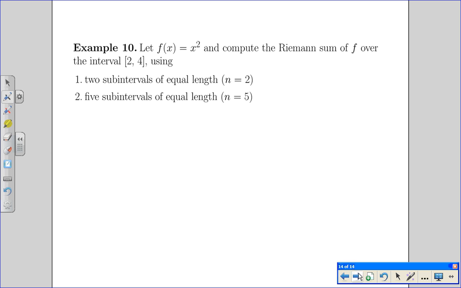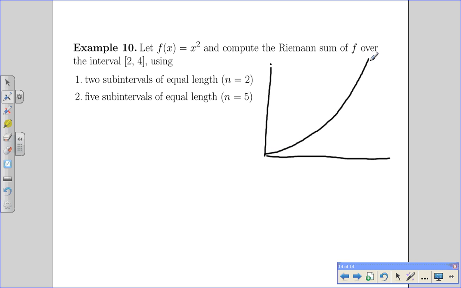Now, this example is pretty similar to the previous one, because now it's x squared. And what I'm going to do is graph this just so we get an idea of what it looks like. It is a parabola.